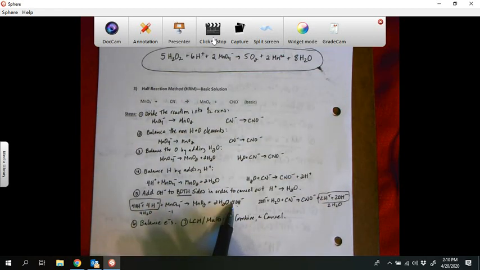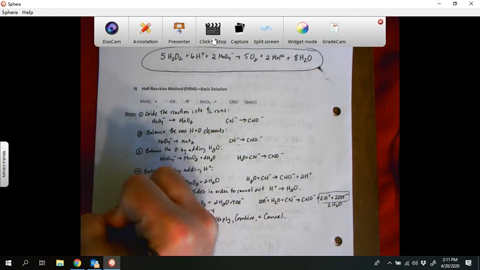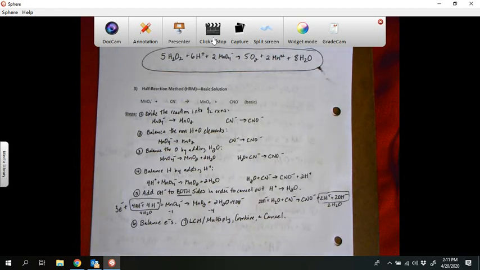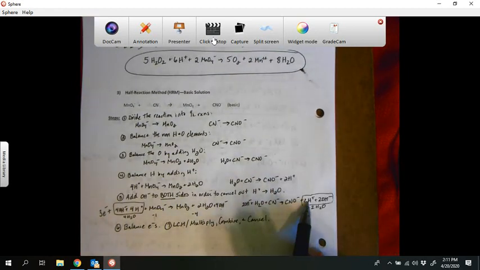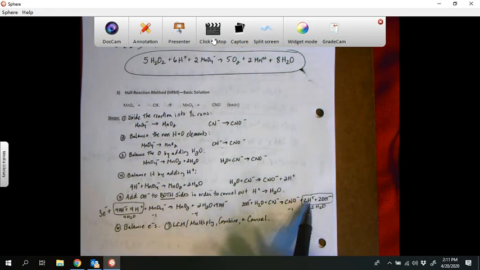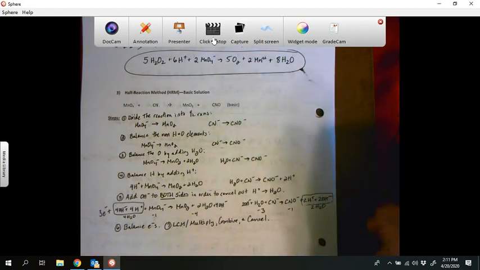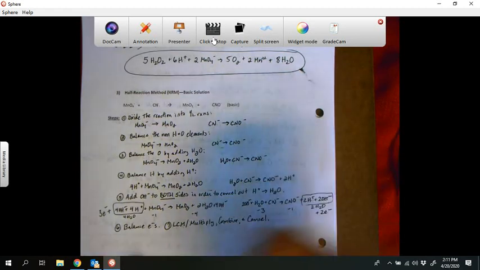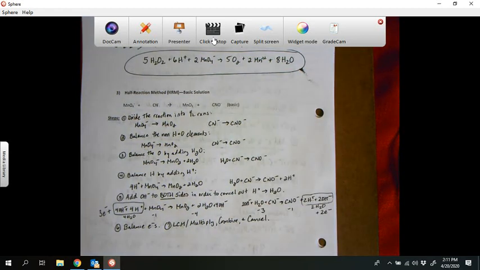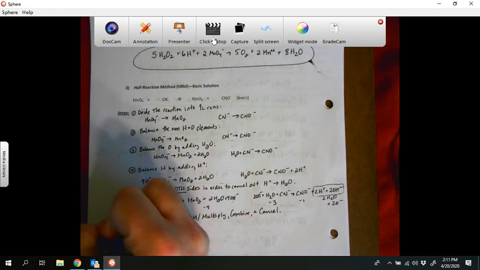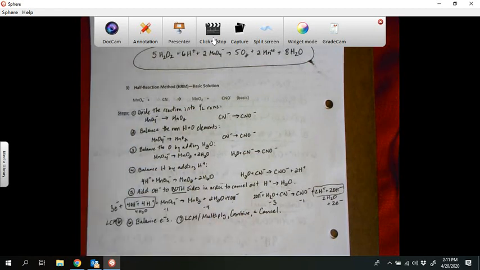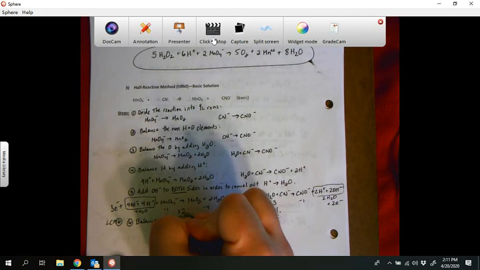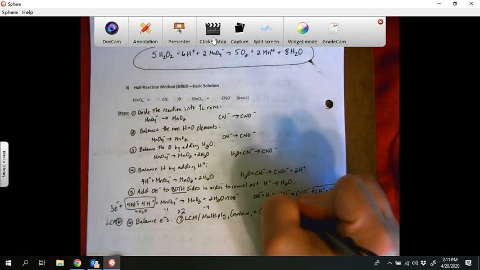And on this side, I have the 4OH minus, so -4. So I have to add 3 electrons to the reactant side. Over here, I have a -1 because these two cancel each other out for the 2 waters, and then I have -2 and -1, -3, so I have to add 2 electrons to the product side. So my LCM is going to be 6, so I have to multiply this half reaction by 2 and this half reaction by 3.